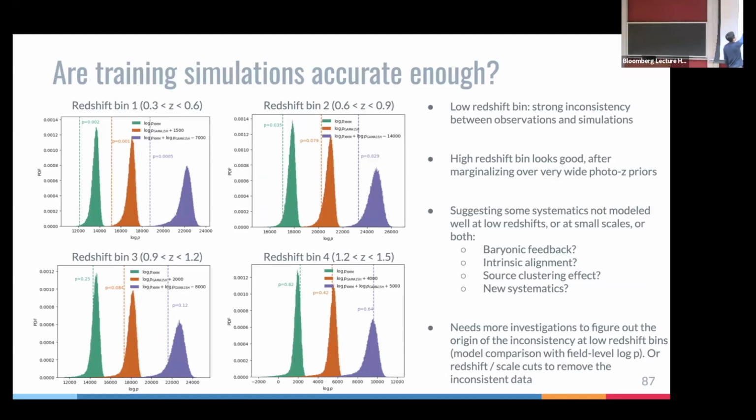Here we have the low redshift bins and the higher redshift bins, and we see that at low redshift, the observation is strongly inconsistent with our simulations. The likelihood value is smaller than 99.95% of our simulations, while at higher redshifts, our observation and simulation seem to agree pretty well.